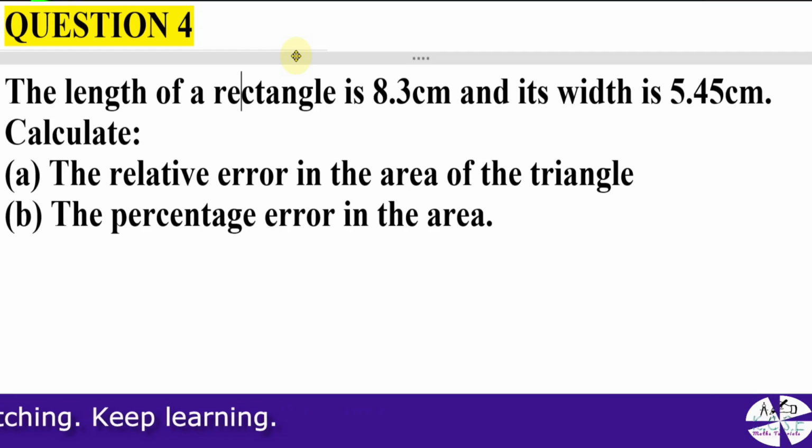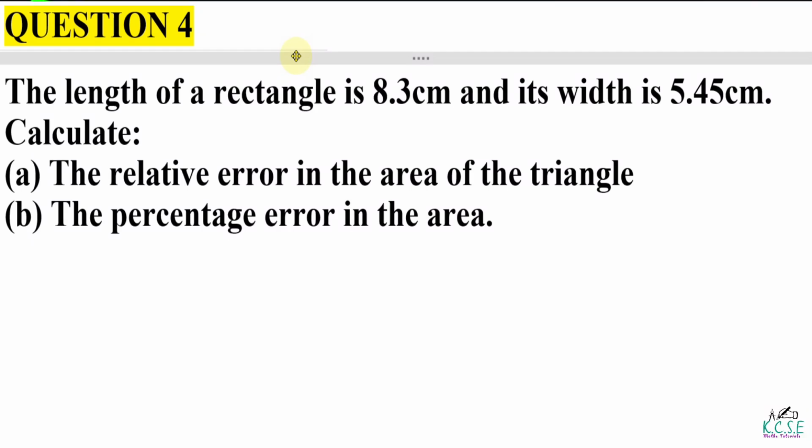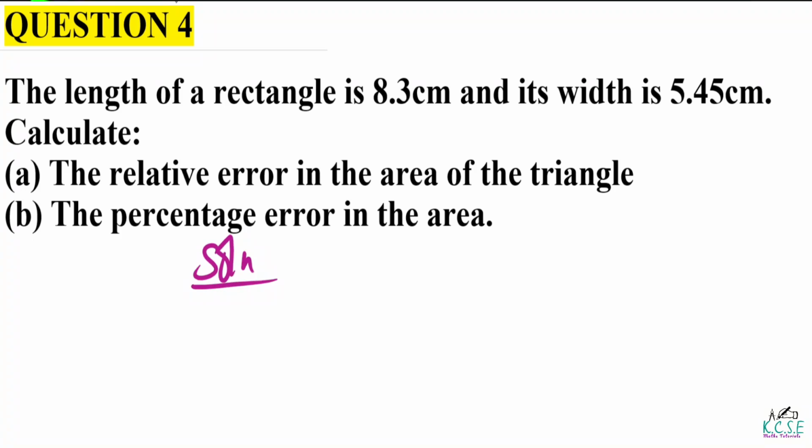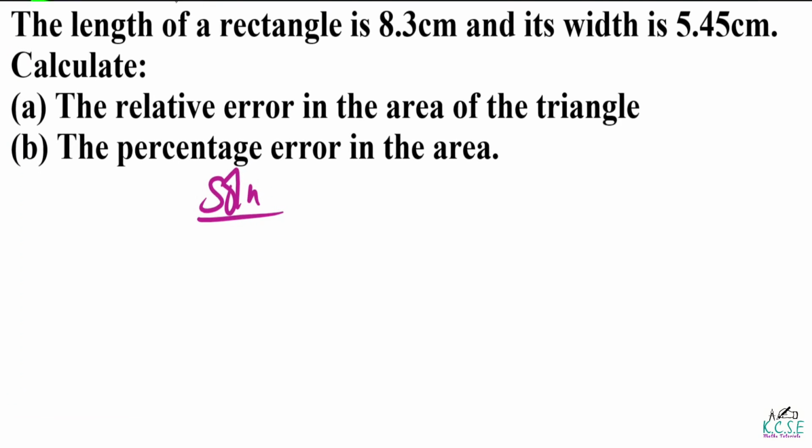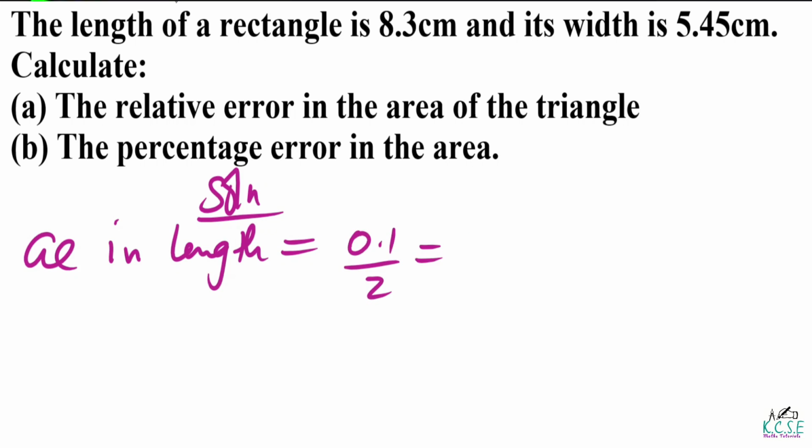Now to do that, we need to get the absolute error in each length. So solution. The absolute error in length is given by the least unit of measurement for the length, which is 0.1. Divide by 2, this would be 0.05.